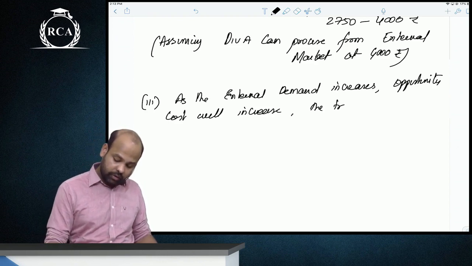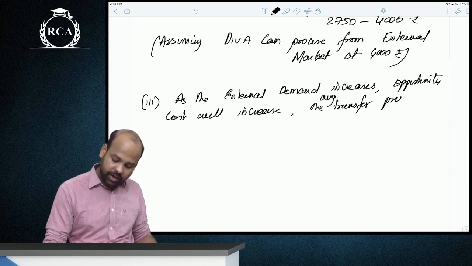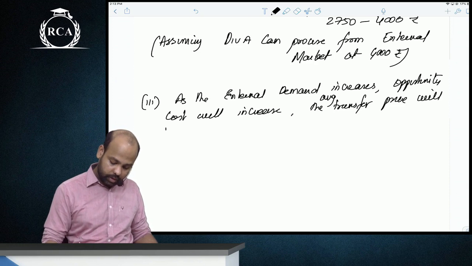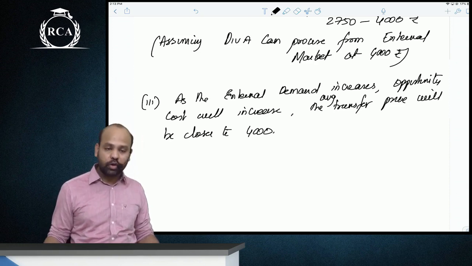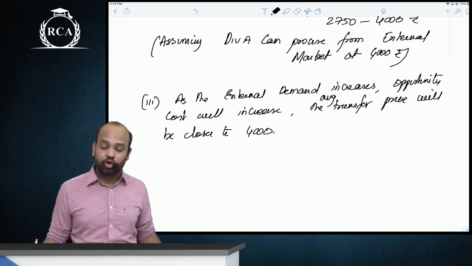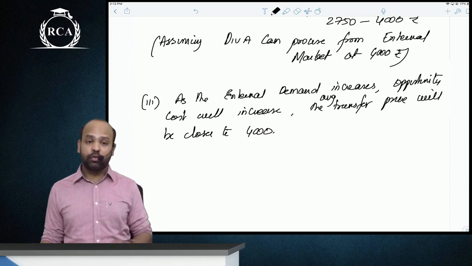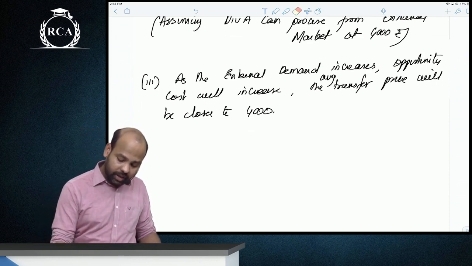The average transfer price will be closer to 4,000. As the external demand is increasing, the opportunity cost is increasing, so more units will be transferred at 4,000.